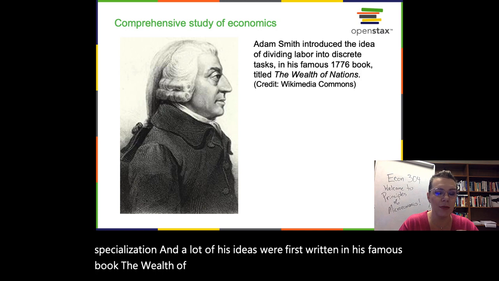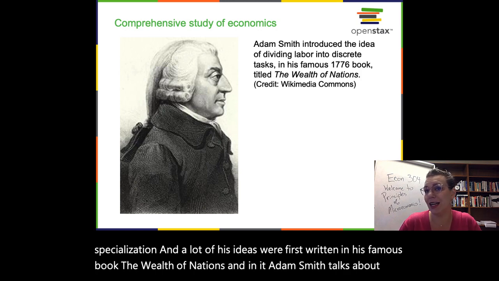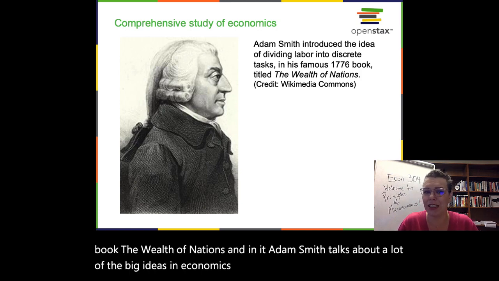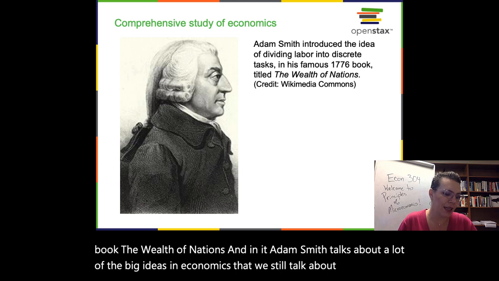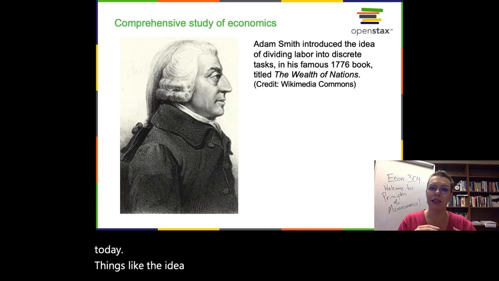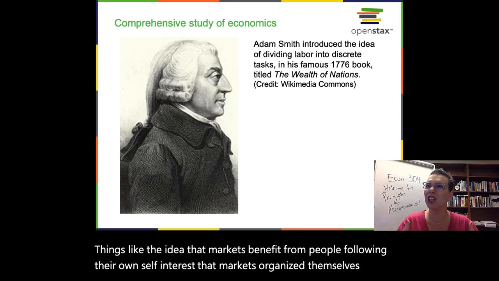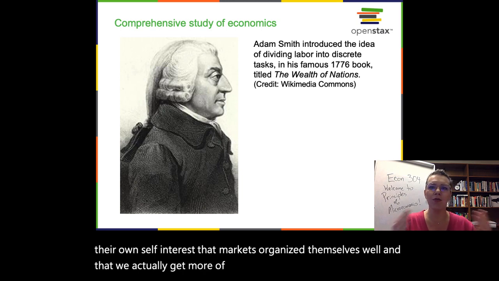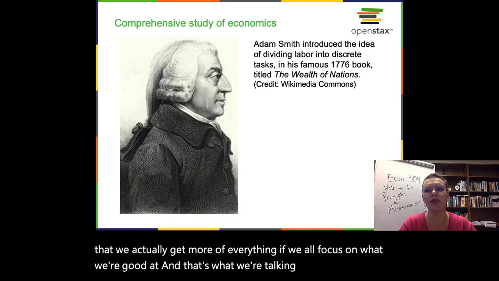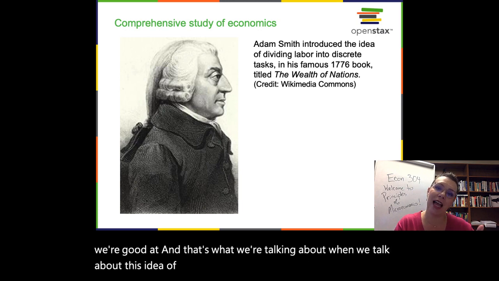And in it, Adam Smith talks about a lot of the big ideas in economics that we still talk about today. Things like the idea that markets benefit from people following their own self-interest, that markets organize themselves well, and that we actually get more of everything if we all focus on what we're good at. And that's what we're talking about when we talk about this idea of dividing labor into discrete tasks.